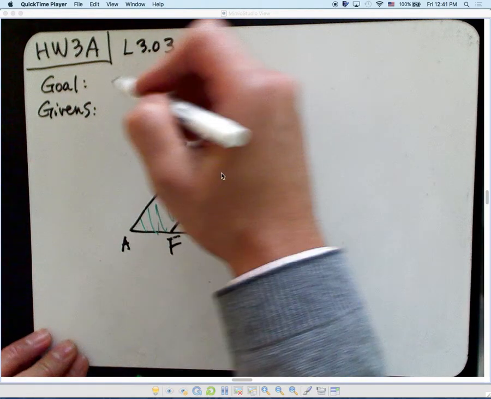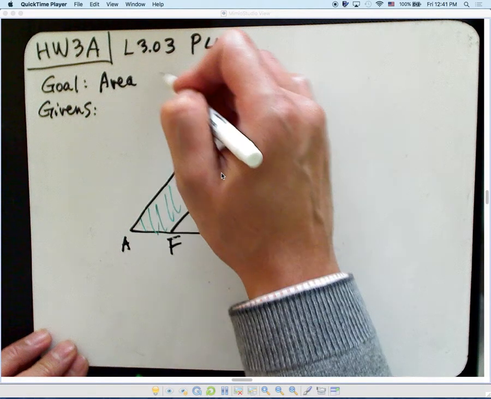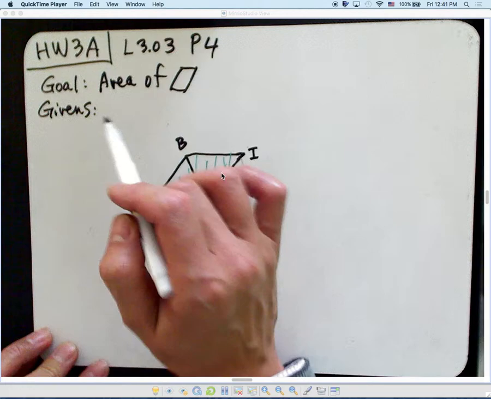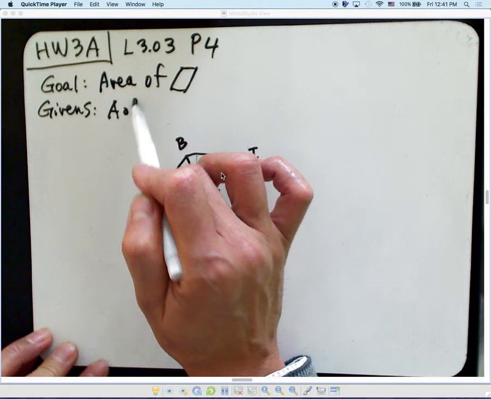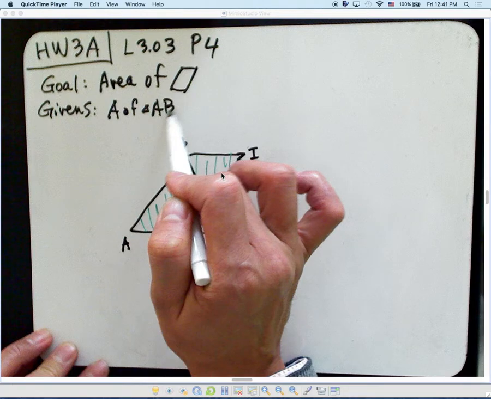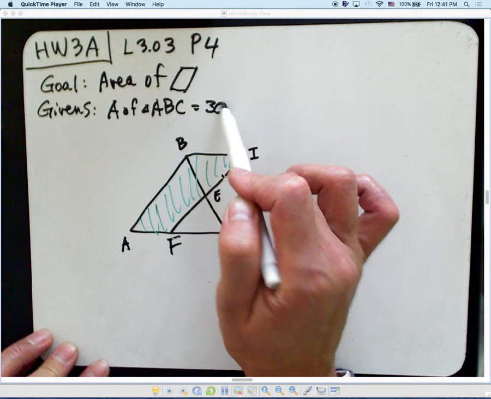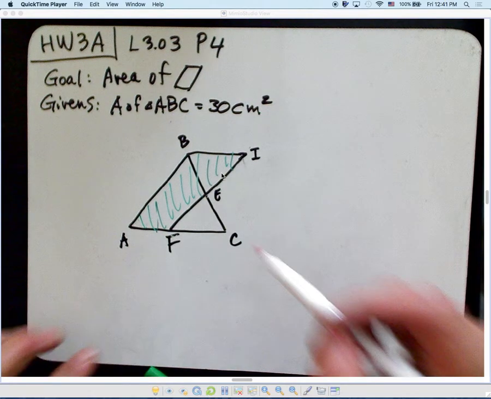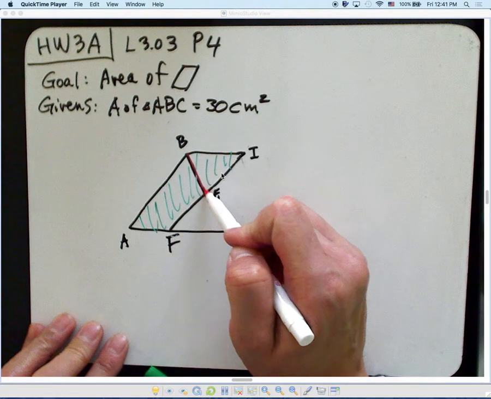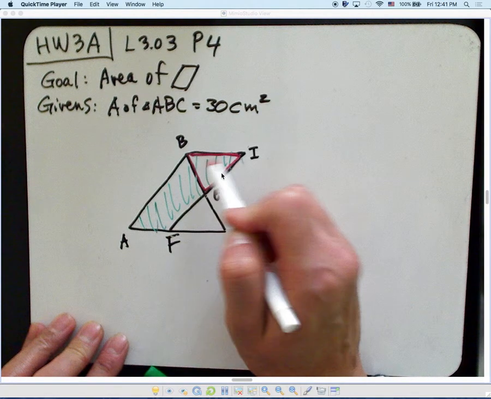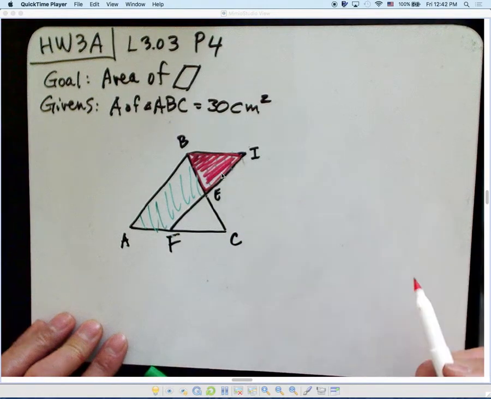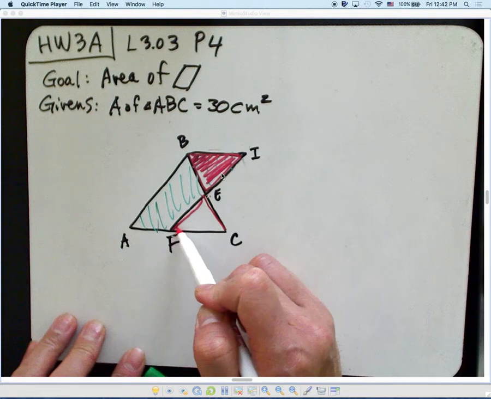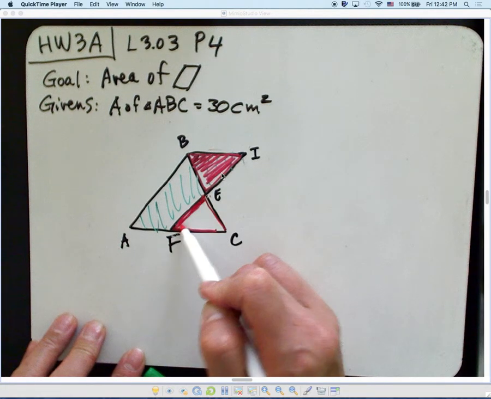So the goal is to find the area of the parallelogram, right? The givens are, we know the area of triangle ABC is 30 square centimeters, right? So here's the hint. What do you think about the area of this triangle, BIE, and the area of CEF, right?